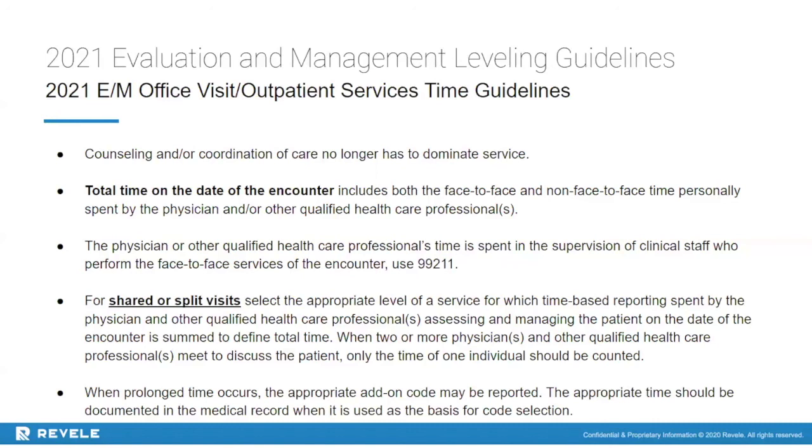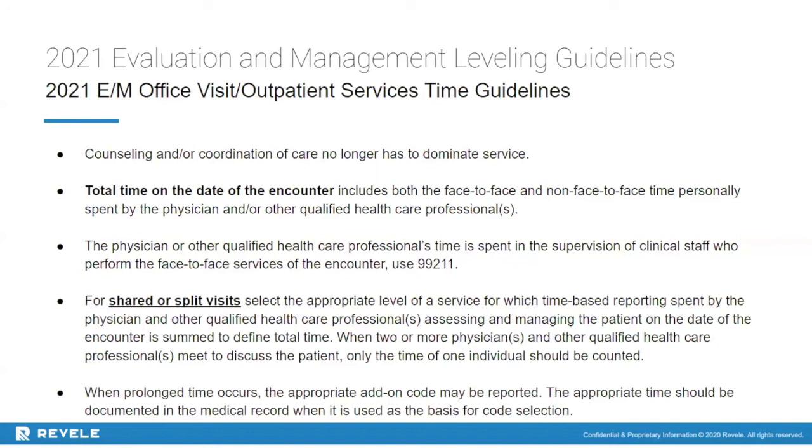Another guideline is for shared or split visits, in which you'll select the appropriate level of a service for which time-based reporting spent by the physician and other qualified healthcare professional or professionals assessing and managing the patient on the date of the encounter is summed to define total time. When 2 or more physicians and other qualified healthcare professionals need to discuss the patient, only the time of one individual should be counted.